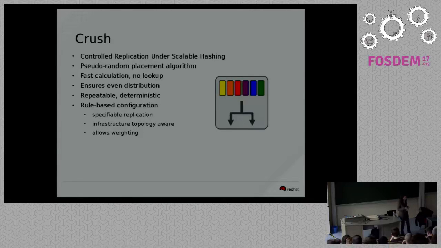So that means you can say this is a rack, and I don't want to place two copies on the same rack. So you choose nodes that are not on the same rack. You can configure the replication. You can do weights. And it's a really fast calculation, deterministic, and it's evenly distributed. That's why we call it pseudo-random, because that way we can benefit from all nodes.